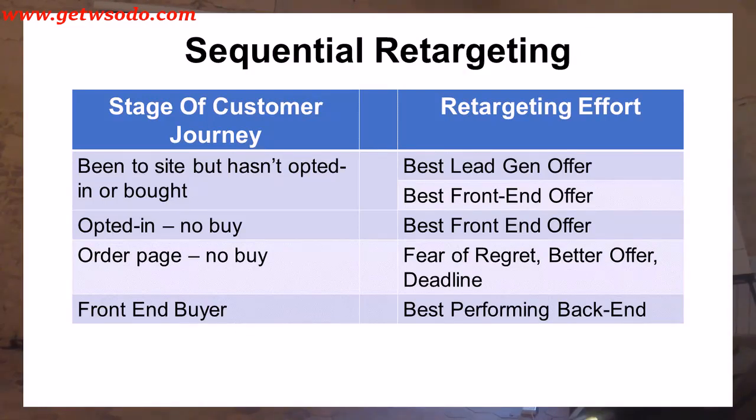If they've opted in but they haven't bought, then obviously you already have their email address, so the only thing you probably want is to send a front-end offer. I'll explain different ways of doing that and more advanced ways of doing that. Let's say they got to the order page but they didn't buy. Well, fear of regret of not making the purchase. I'll give you some examples of that.